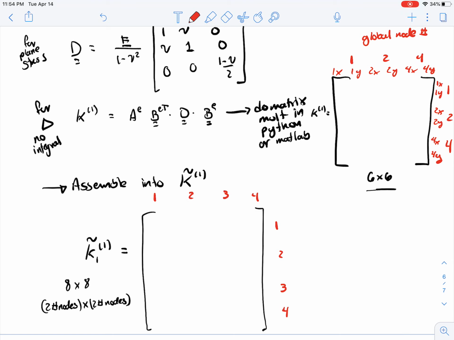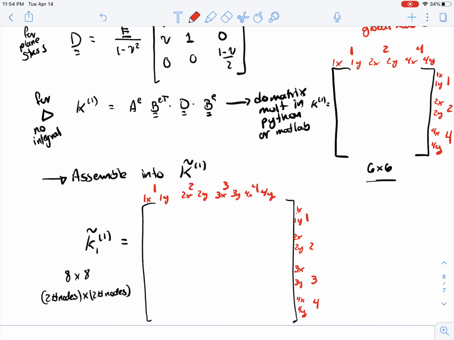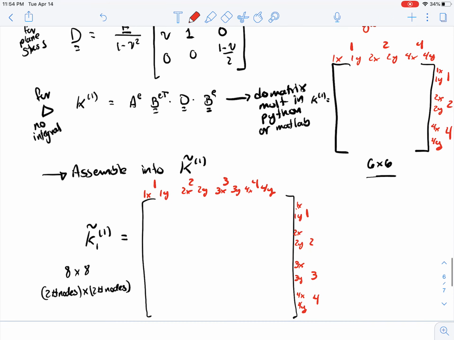So here I will have again global node numbers 1, 2, 3, 4, and also 1x, 1y, 2x, 2y, 3x, 3y, 4x, 4y.